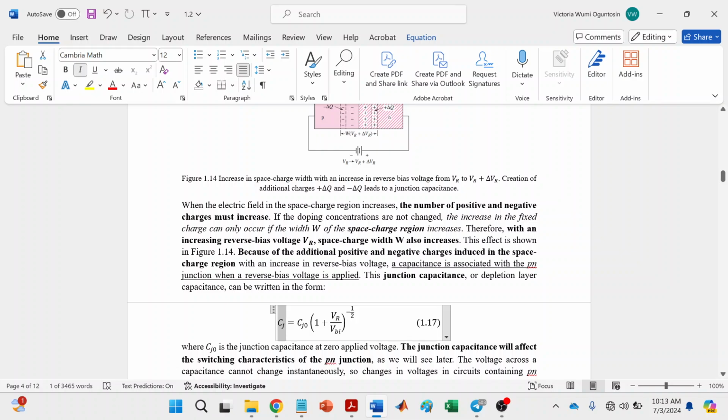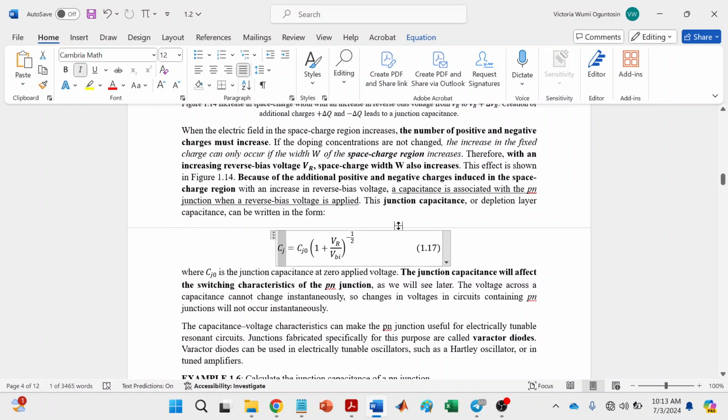So a junction capacitance is introduced as a result of that, and the junction capacitance is given by this formula, where CJO is the junction capacitance at zero applied voltage, VR is the reverse bias voltage, and VBI is the built-in potential barrier across the space charge region.